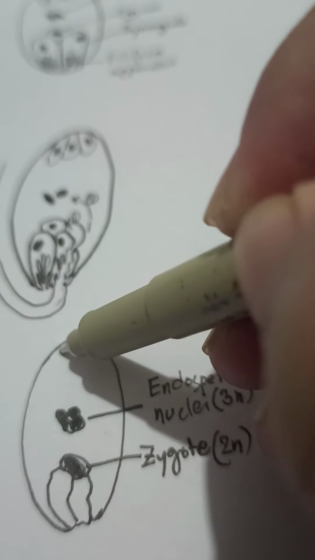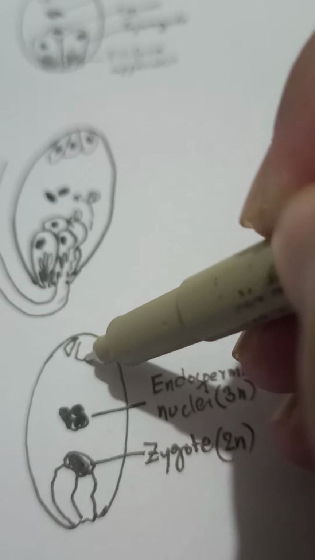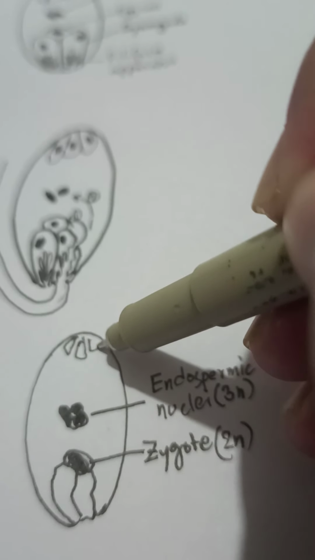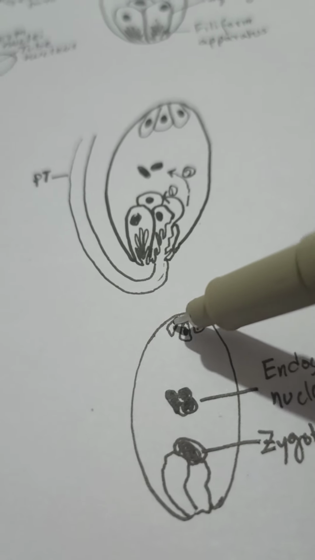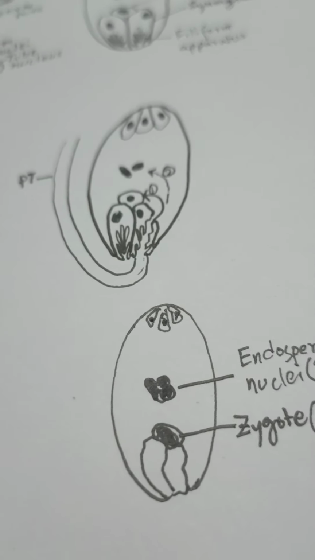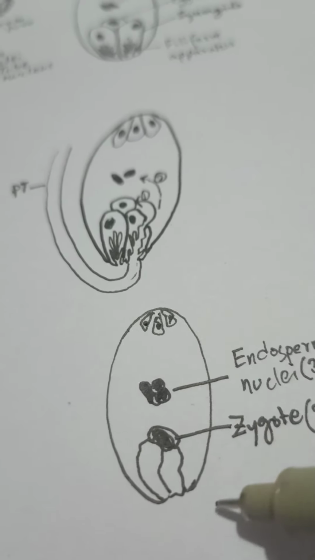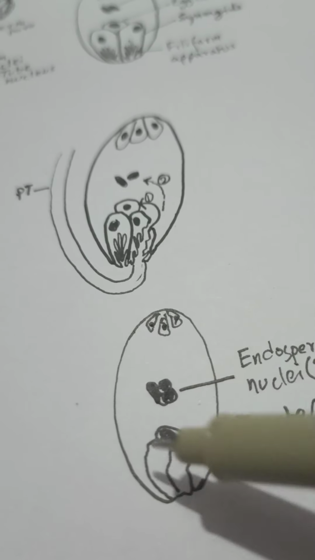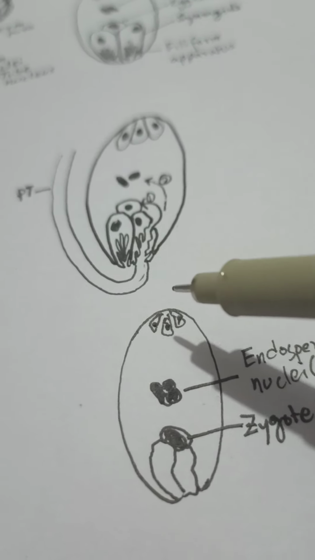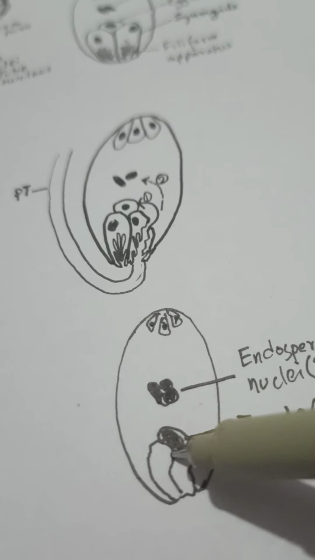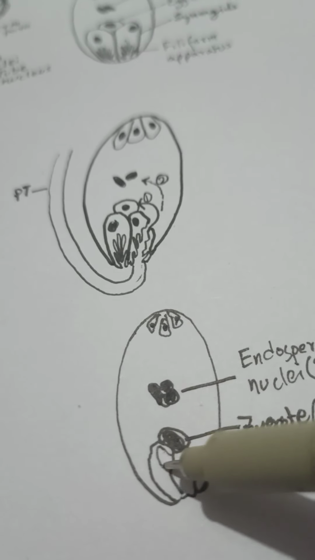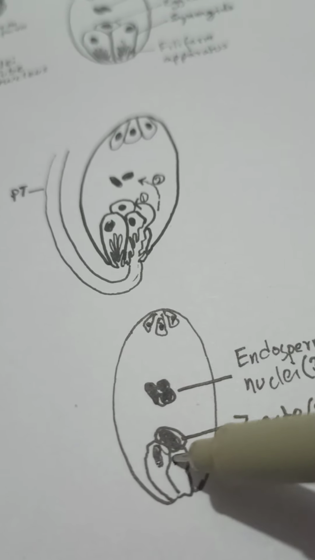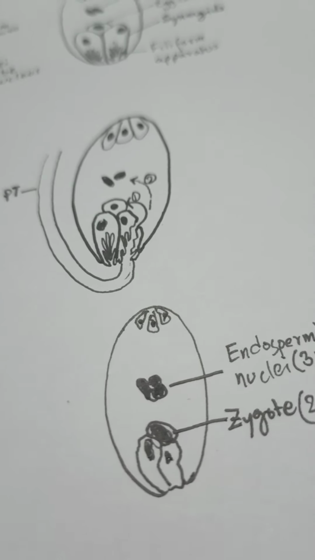The antipodals will start regressing, meaning they will slowly disintegrate, because now this entire ovule is going to transform into the seed. So every single one of those cells will slowly disintegrate.